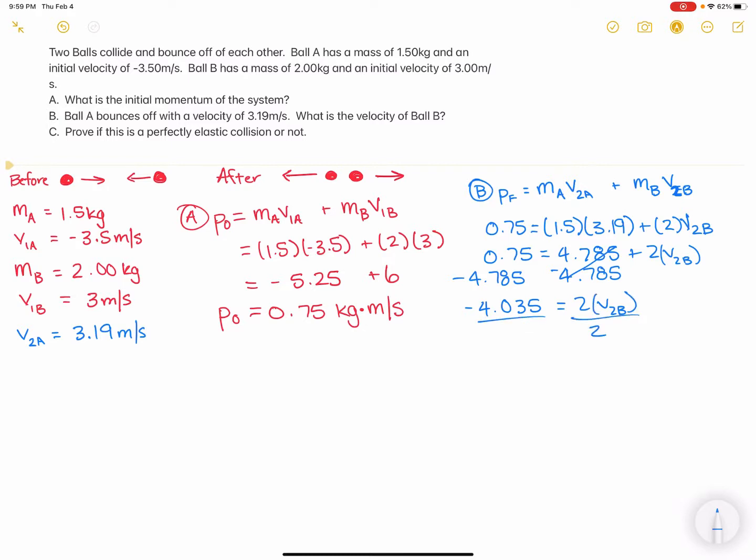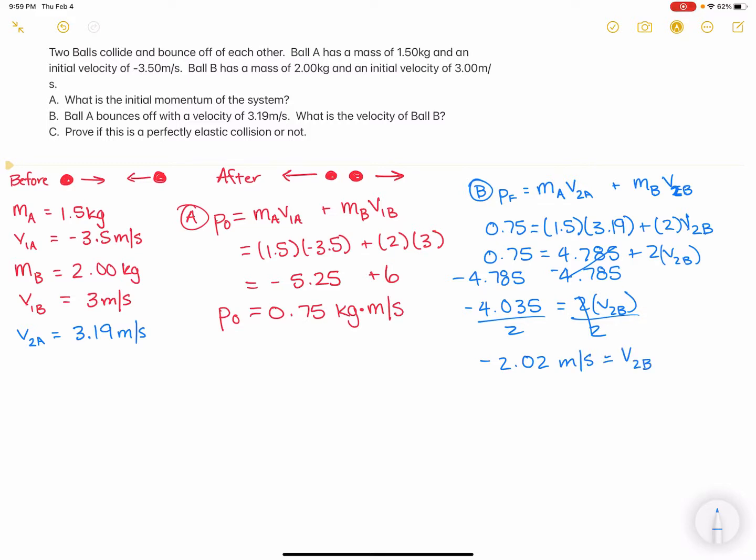Divide both sides by 2. And you see we're going to get a negative velocity. And that's okay because remember they're supposed to be going in the opposite direction. So I would actually be concerned if I didn't get a negative. And that's the final velocity of the second ball.